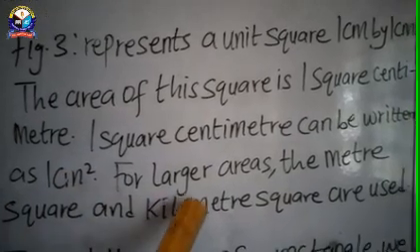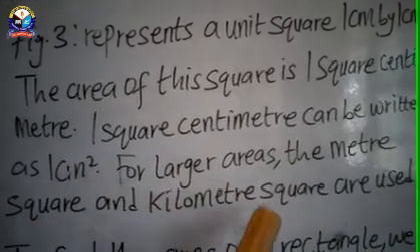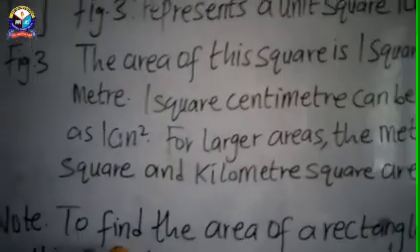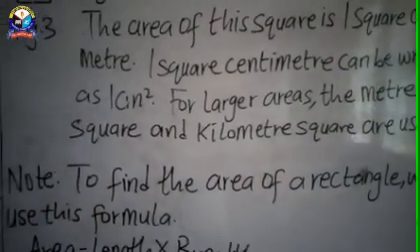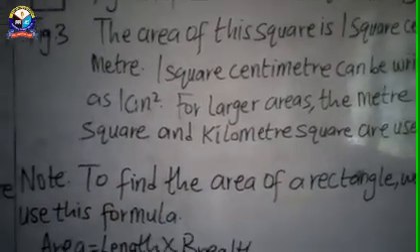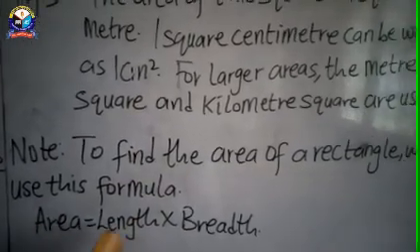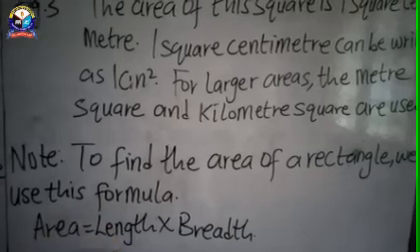But when you have larger areas, the meter square and kilometer square are used. And note that to find the area of a rectangle, we use this formula. So what's the formula for finding rectangle? Length times breadth. To find the area of a rectangle, you use length times breadth.